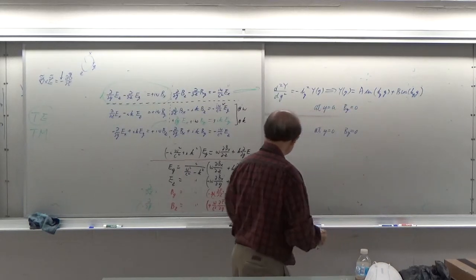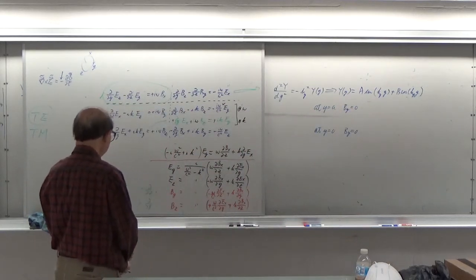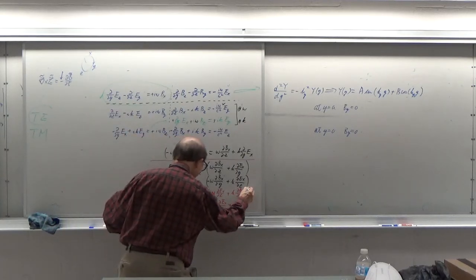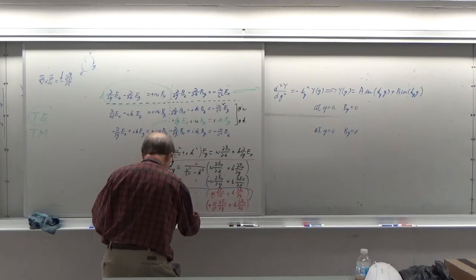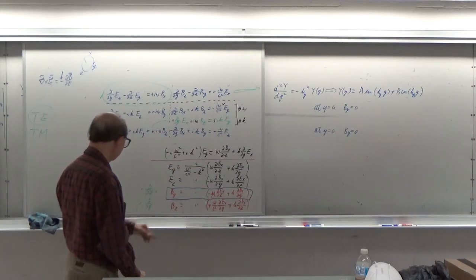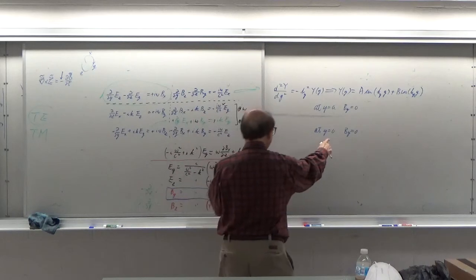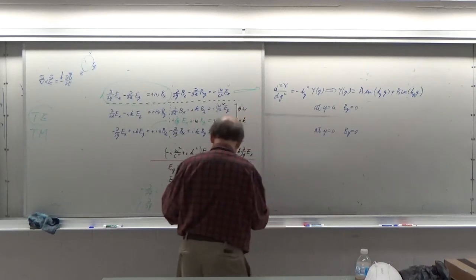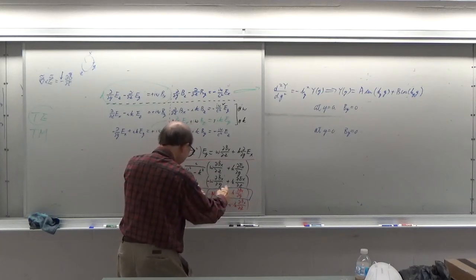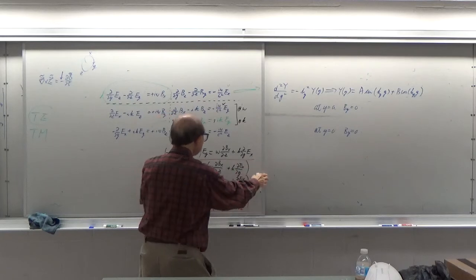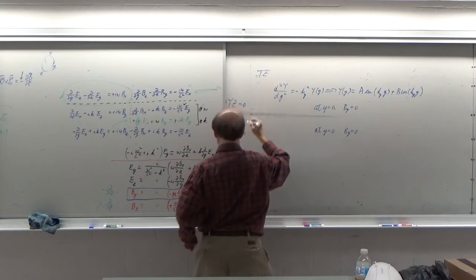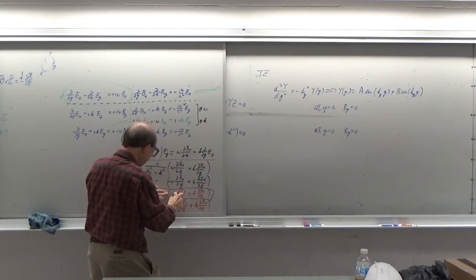I've been smart enough to keep the equations here. By is here, and that's 0 at y equals 0 and y equals a. But we're talking about a transverse electric wave for which Ex is 0.